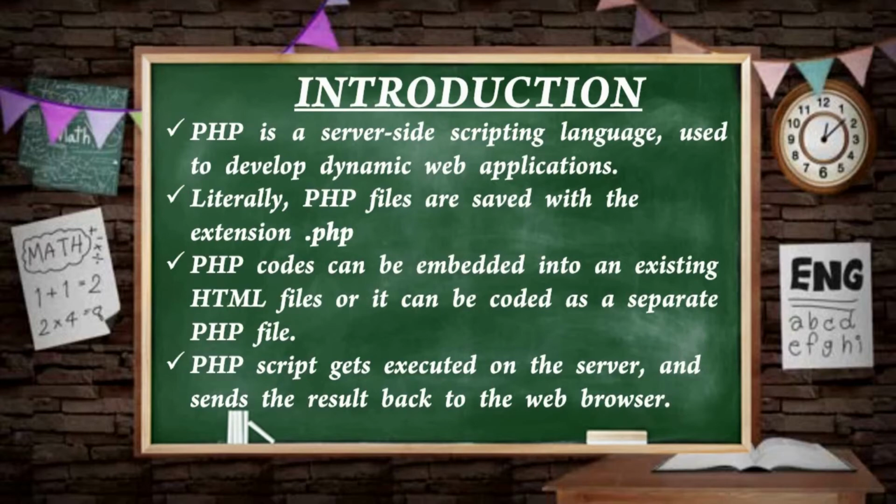Whatever message is received in a program developed using JavaScript, those errors are not received from the server. They are received from the client side itself. So this is called client-side scripting, right? Whereas what exactly is server-side scripting?